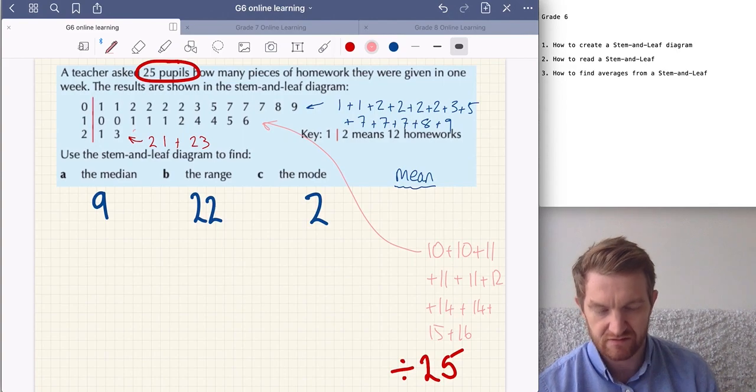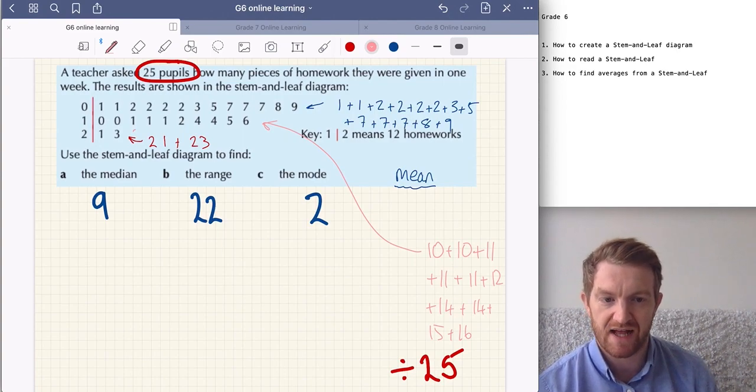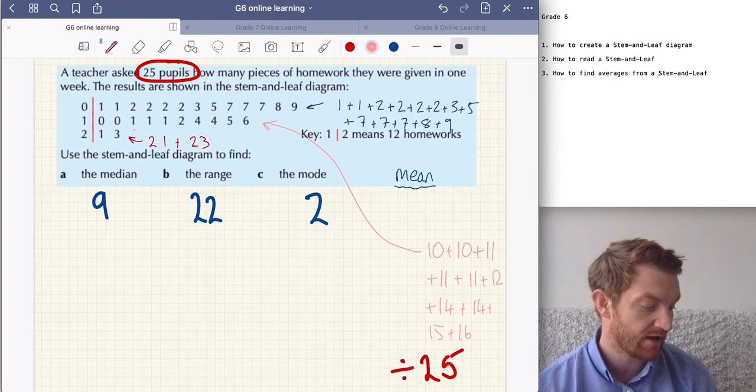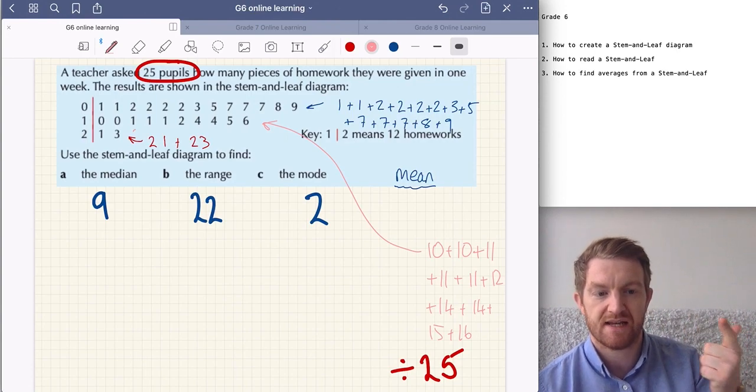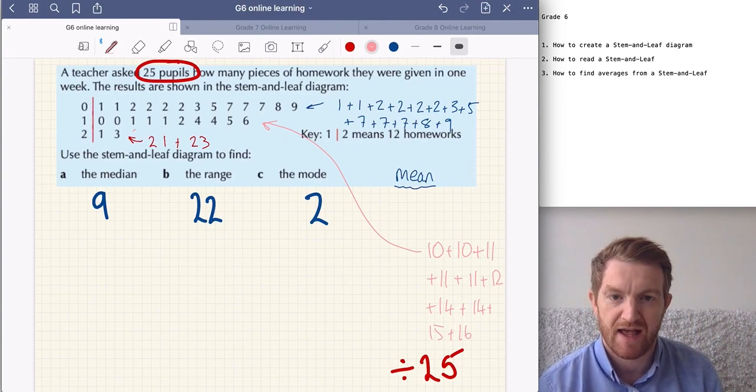And you can also do the mean, but you have to do a lot of adding up and divide by how many you have. So today we're going to have a go at all 3 of those parts. You're going to do some drawing, some reading, and then finally some averages. Have a go at those, and as always, I will be available if you need any help with these.